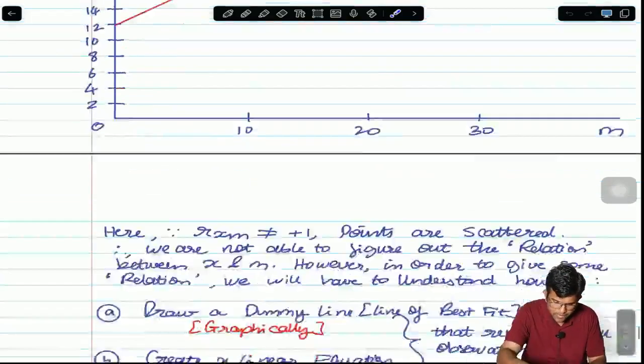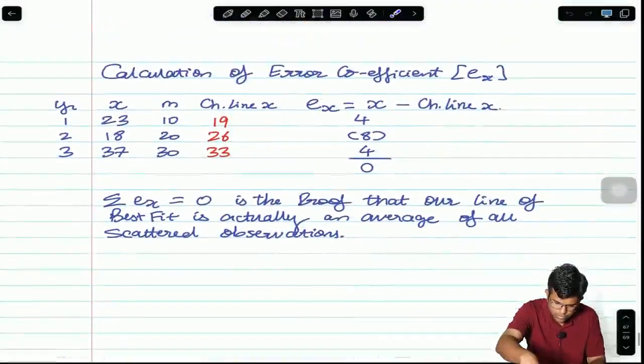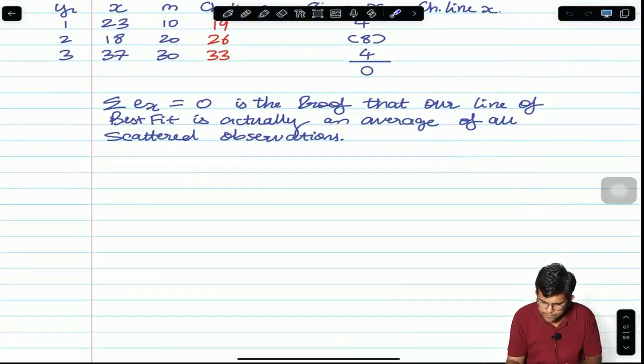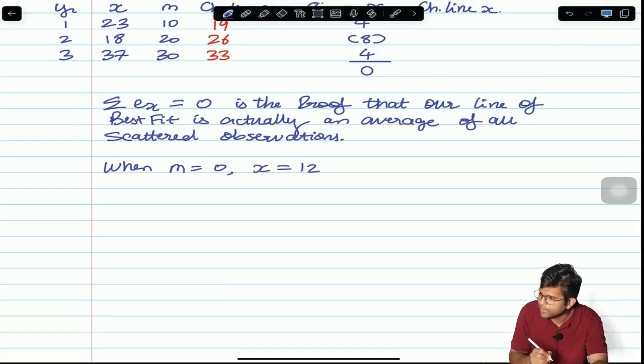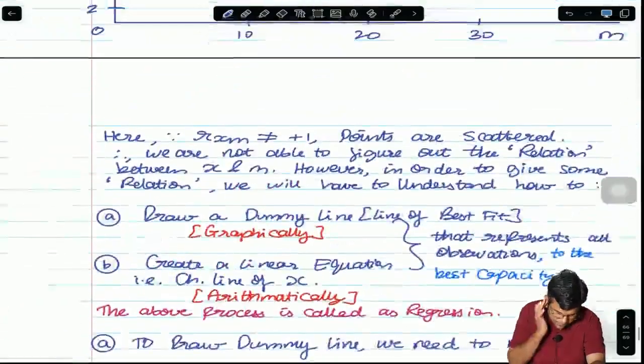Okay. So I'll write here. When m equal to 0, x equal to 12. You understand this? Alpha is 12. It starts from 12. Correct?